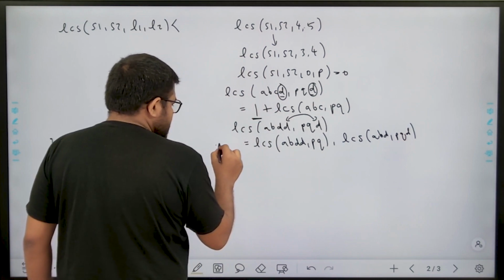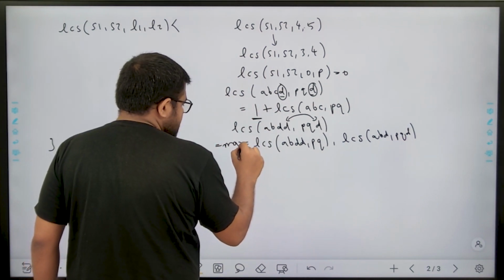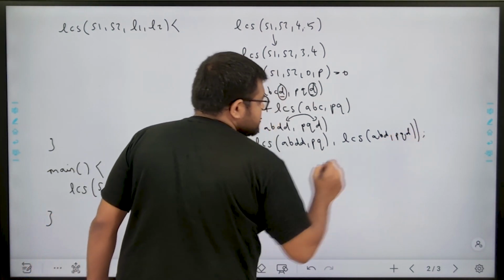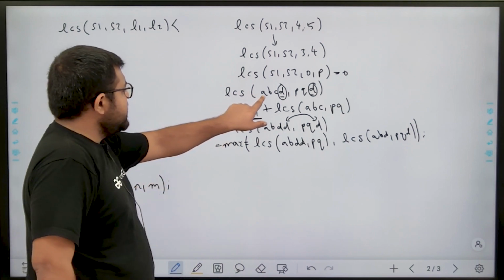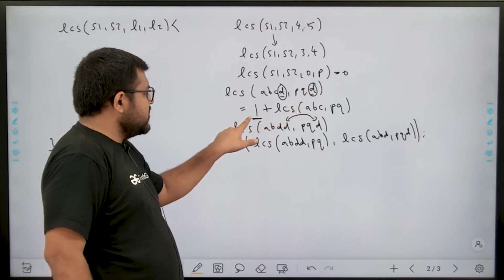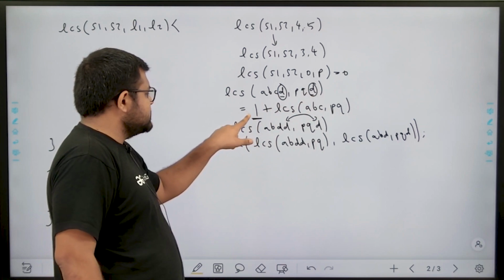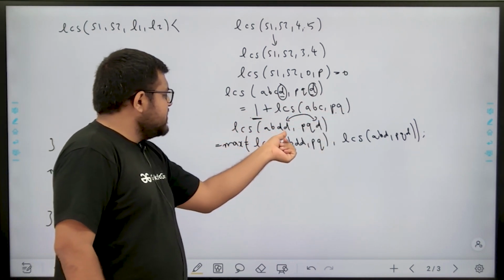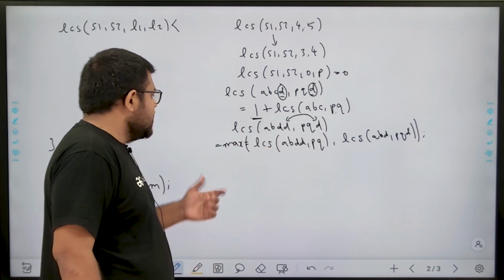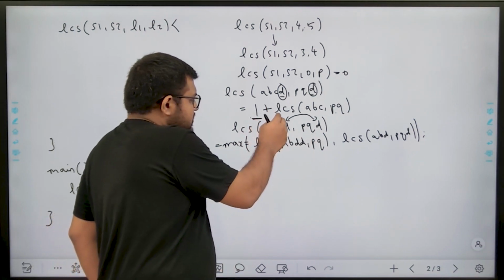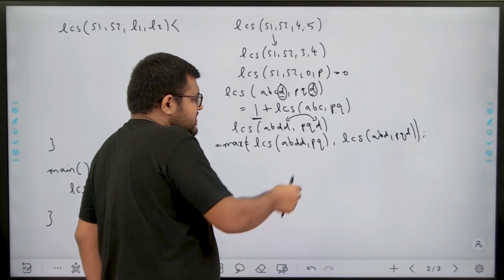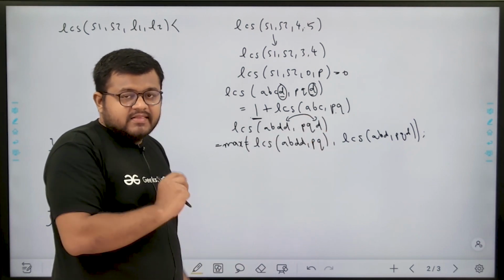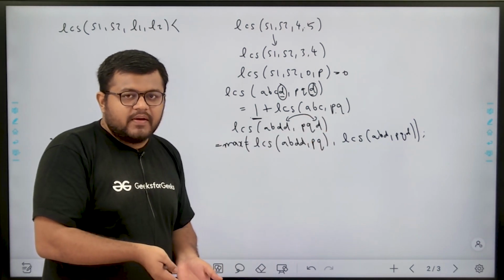And this would be nothing but the max of both of these. Here, D was matching, so I took it, I considered it in my answer, so 1 plus LCS of the remaining strings. Here I didn't consider this pair into my answer, so either I will neglect this, or I'll neglect that. There is no point neglecting both of them at a time.